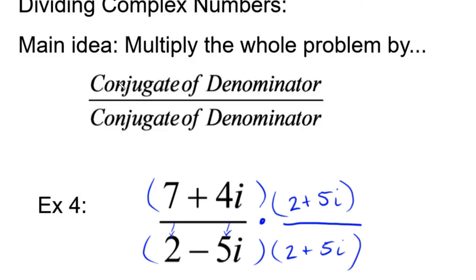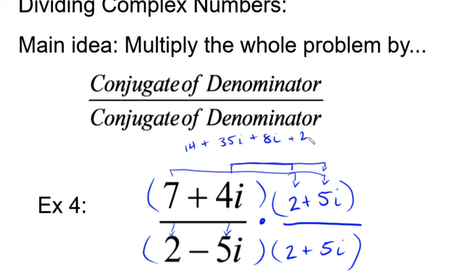Here, you're going to have to go ahead and FOIL. So that's going to be 7 times 2, which is 14, plus distribute here, 35i, then distribute the 4i, that's 8i, and distribute the 4i again, and that's 20i squared. Then you are going to change this to a negative 20, because i squared is negative 1.